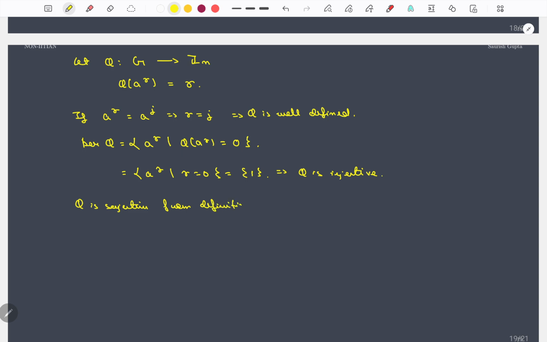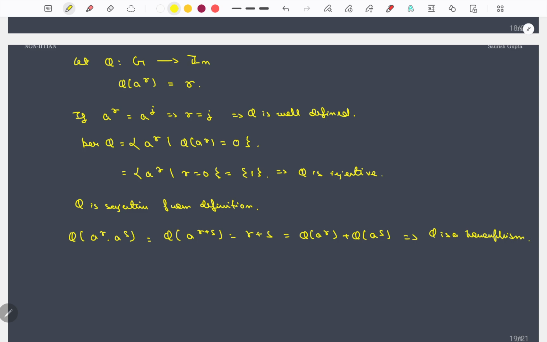So phi is a bijection, but is phi a homomorphism? Let's see. What is phi of a to the power r times a to the power s? It's phi of a to the power r plus s, which is exactly r plus s. But that is nothing but phi of a to the power r plus phi of a to the power s. So phi is also a homomorphism.